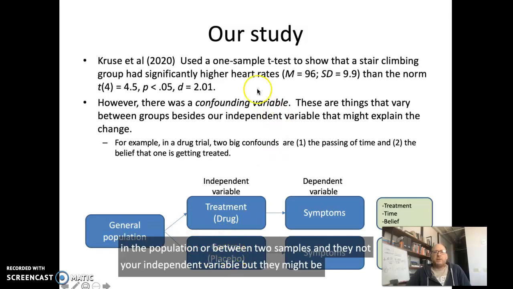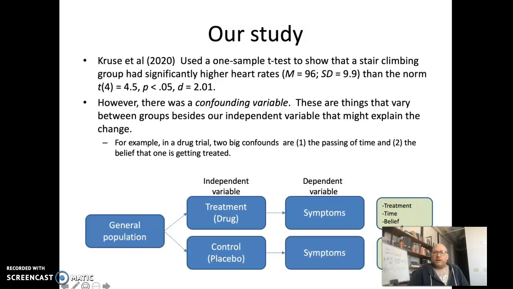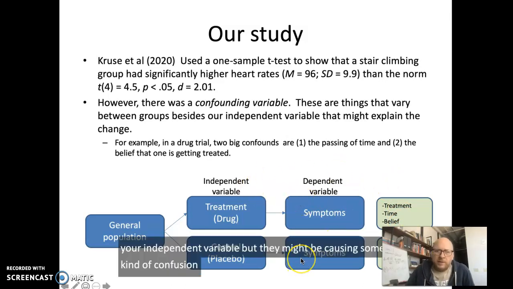And it gets the name control because it's controlling the confounding variable. So at the end of the study, both groups can be measured. Both groups will have a combination of time and belief. Only this group has the treatment. And so by doing that, you get rid of the confounding variables of time and belief, and you can compare treatment to non-treatment. Well, we have a similar problem here.